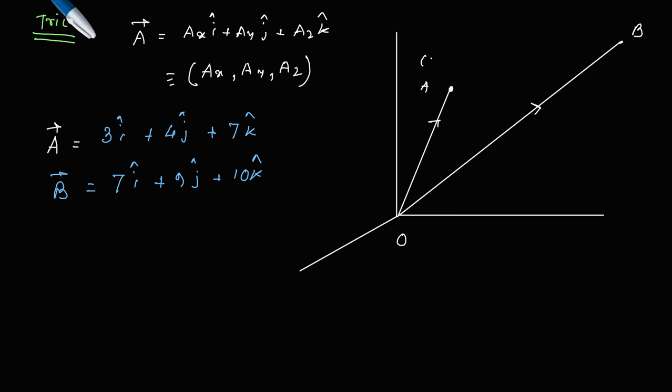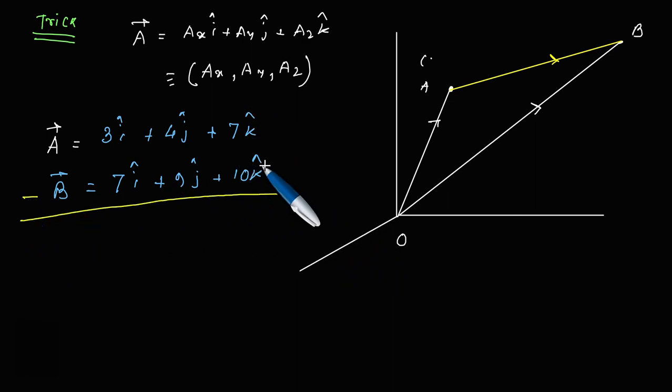Now you have to calculate AB. So one way is that you write this out and make a subtraction from B to A. You know, there is 3, 7, 4, 9, 7, 10, and do a subtraction.